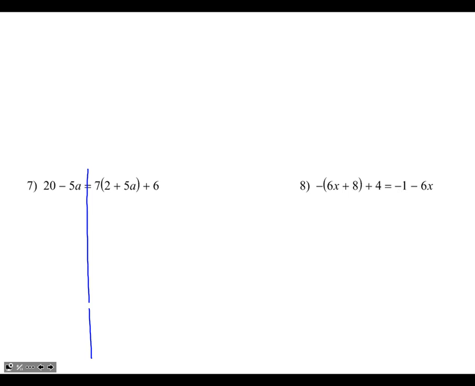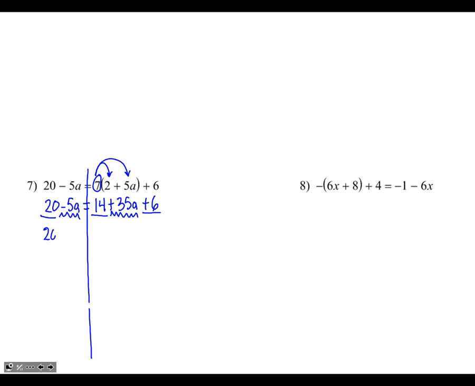Okay. Wow. We get to distribute again. Okay, over here I'm just going to copy 20 minus 5a equals 7 times 2 is 14. 7 times 5a is 35a. And then I have plus 6. So here, constant, variable, constant, variable, constant. So I need to combine those constants on the right.